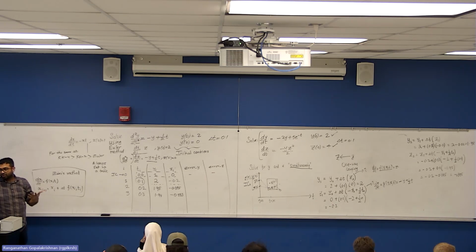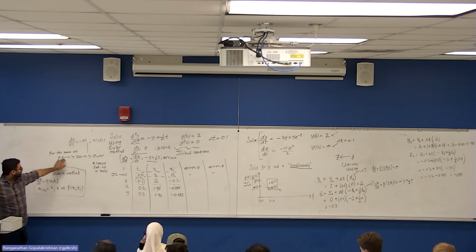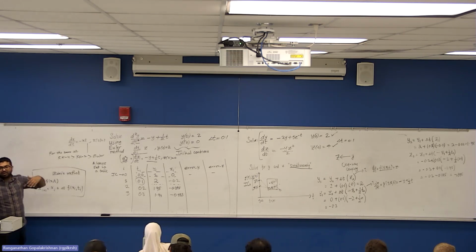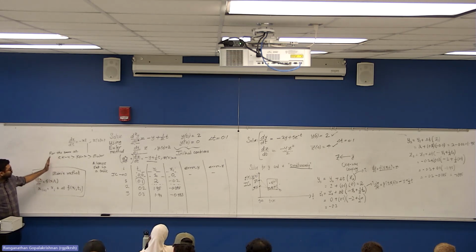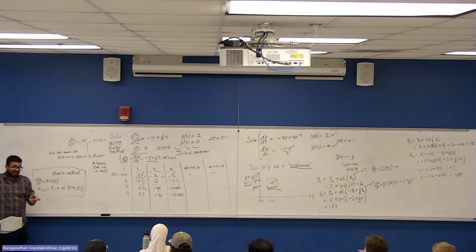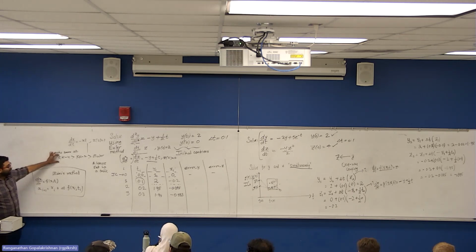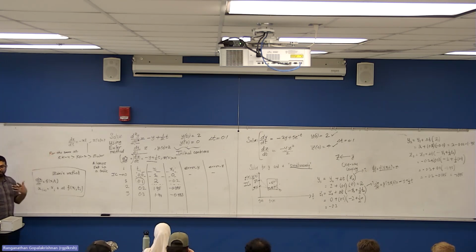So if you want to do a time step of 10 power minus 4, all the methods will get you the same error, because this will get you maybe a little bit better, but you have to work a lot more for that. Okay, so that's why it's better to work with larger time step, as large as possible, and an algorithm that is as accurate as you can possibly construct or pick.